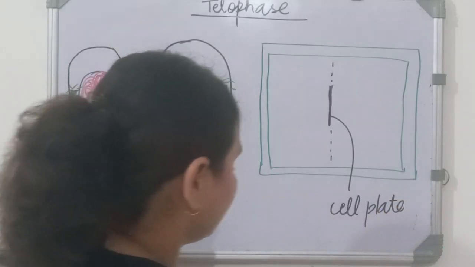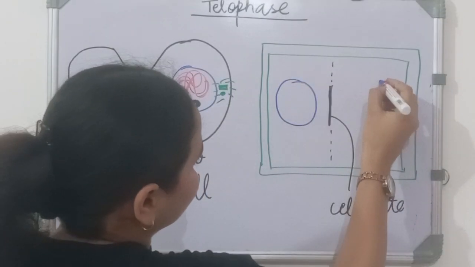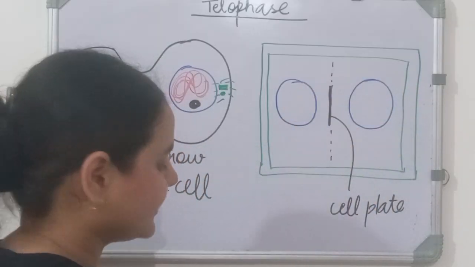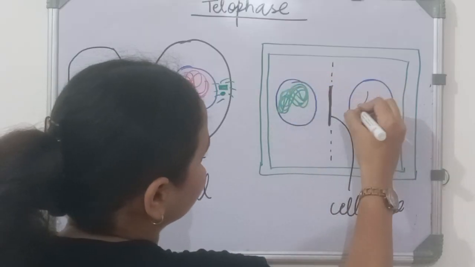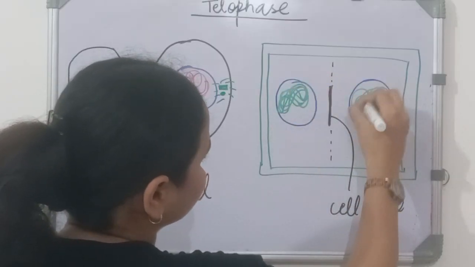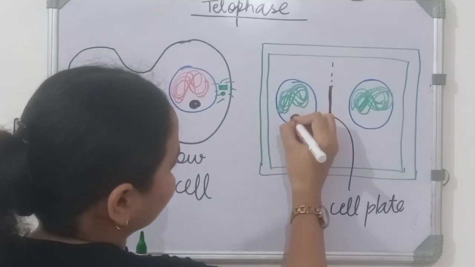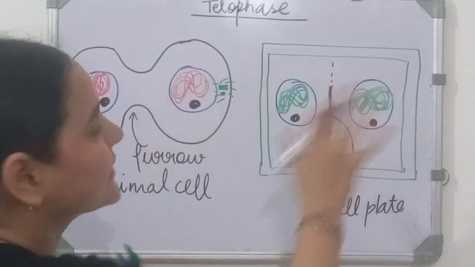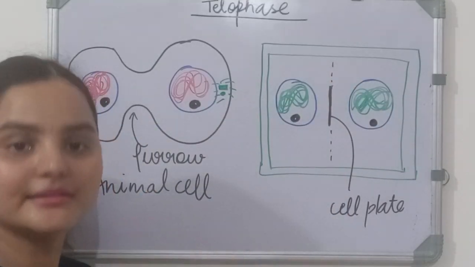And this is the nucleus, nuclear membrane, and we have the chromatin fibers, and we have nucleolus. Here you can't see the spindle fibers because the spindle fibers have disappeared.